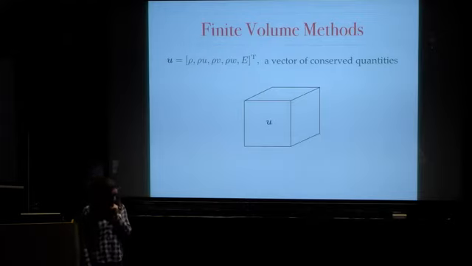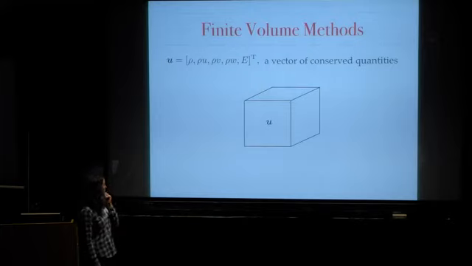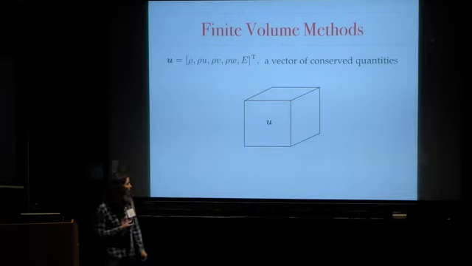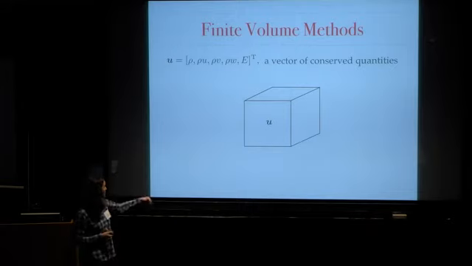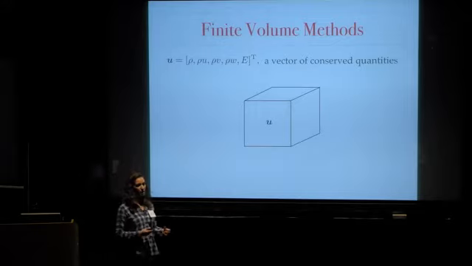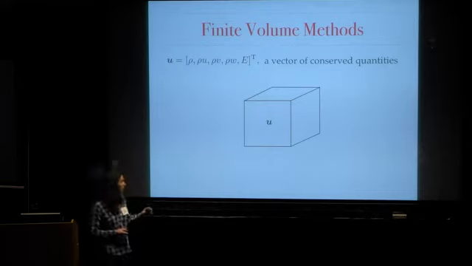All right, now I want to get to this idea of finite volume methods. In finite difference, we represented our function as a series of discrete points along some mesh spacing. In finite volume, I'm going to express the conserved quantities as integral quantities. Here is an actual cell in the grid.